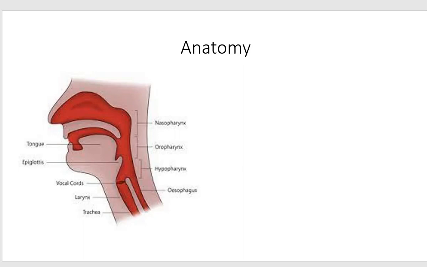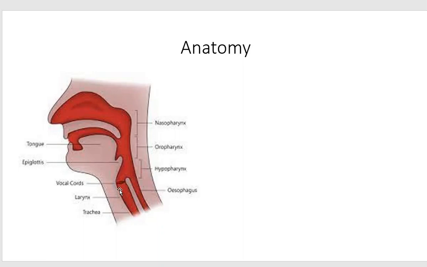So here we have a cut through of a head and a neck. We have our nasal cavity, we have our mouth cavity, and we've got our tongue, and then at the back we've got the space where the two of them meet, and then in front we've got our windpipe, this rigid tubular structure.